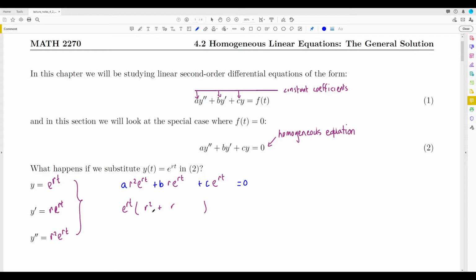Right? So we get ar squared plus br plus c, and that equals 0.